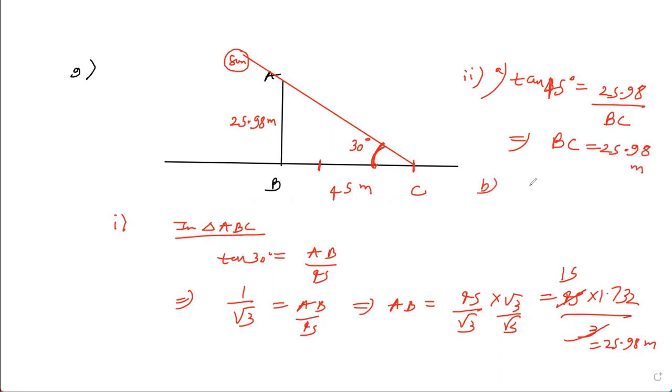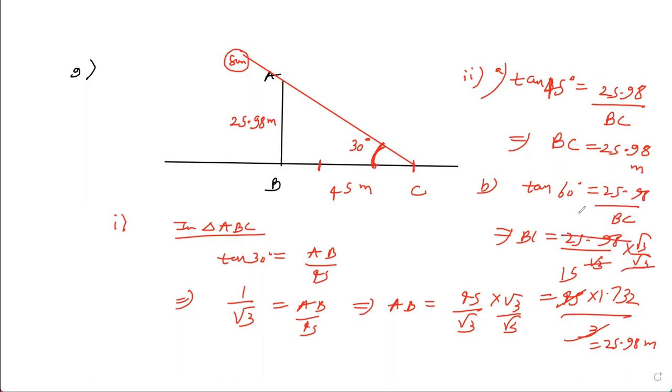And the second case, that is for 60 degrees, tan 60 degree is going to be 25.98 divided by BC, which means BC is going to be 25.98 divided by tan 60, which is root 3. We can again rationalize. So it'll become 3 in the denominator, and 3 will cancel 25.98 will go 8 times 24, then 6 times 18, and again 6 times 18.